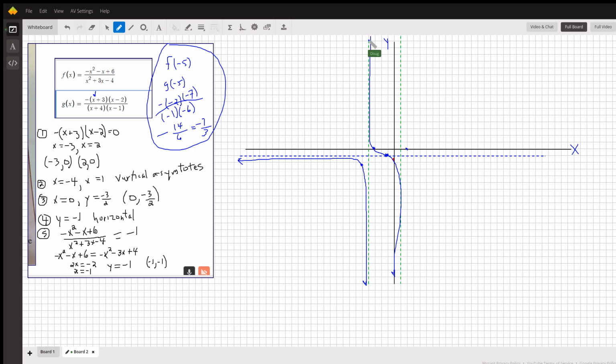And then finally, the branch of the curve to the right of this right vertical asymptote has to look something like that. We've got to go through that point. We can't cross the horizontal asymptote. So it's got to look something like that.